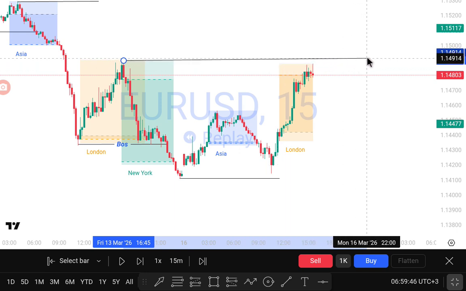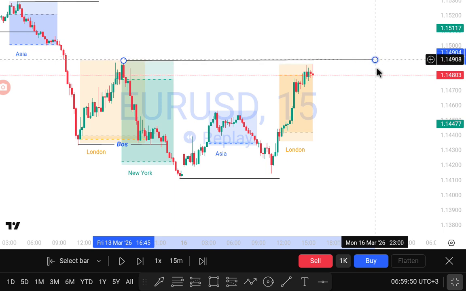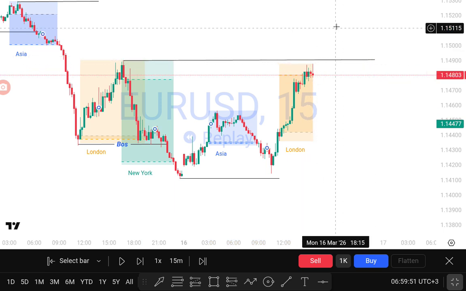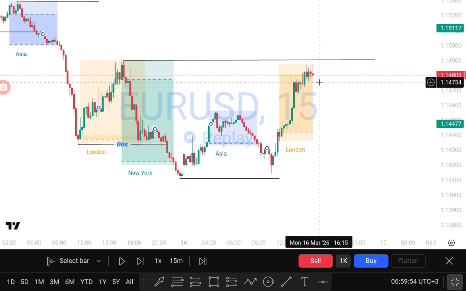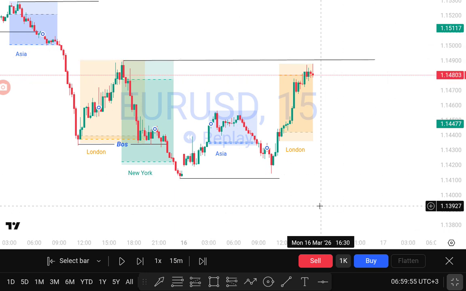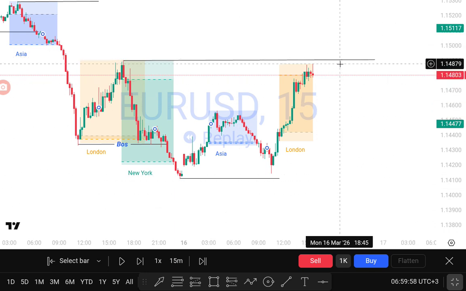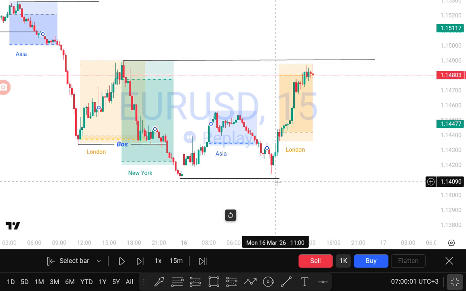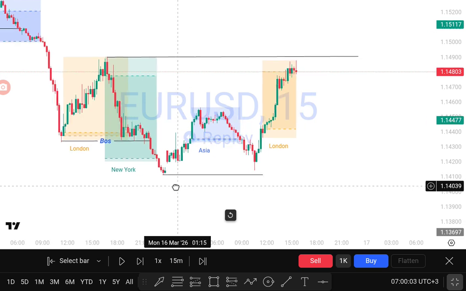We are still shorting this market until this gets swept out, or this one. If we sweep this high, this lower high, we get a shift. If we sweep this, we continue selling.